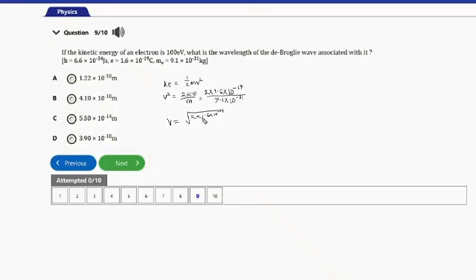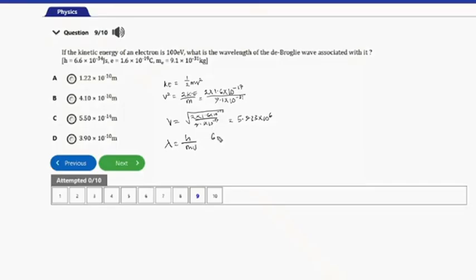So let's go ahead and calculate that. So guys, the velocity here now becomes 5.933 times 10 to the power of 6. So if the velocity becomes 5.933 times 10 to the power of 6, then we can input this in the overall equation where lambda is equal to h over mv.